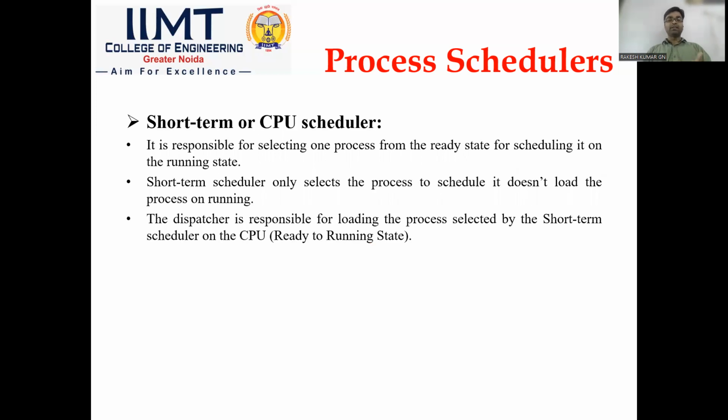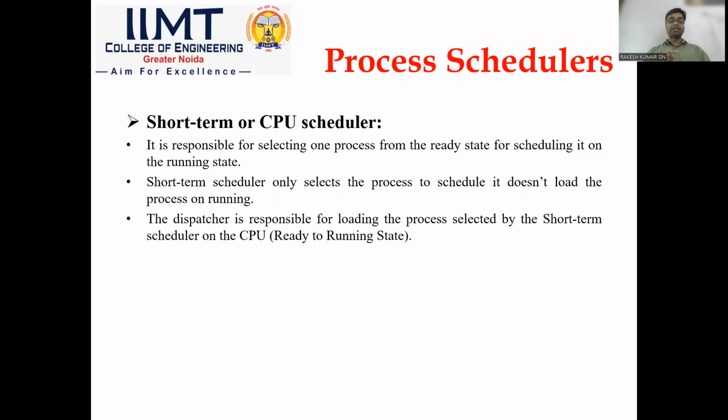Now the second one is the short term or CPU scheduler. It is responsible for selecting one process from the ready state for scheduling it on the running state. That means we are ready to give all types of resources to a particular process. Then the CPU scheduler takes a process from ready state and moves it to running state.